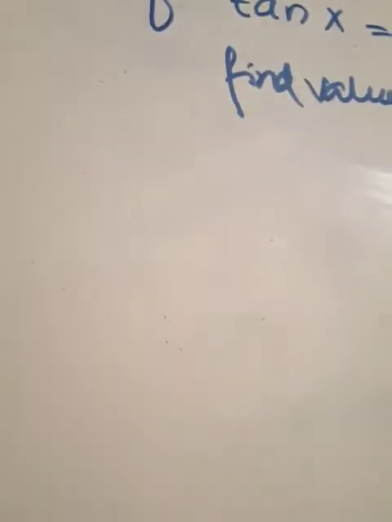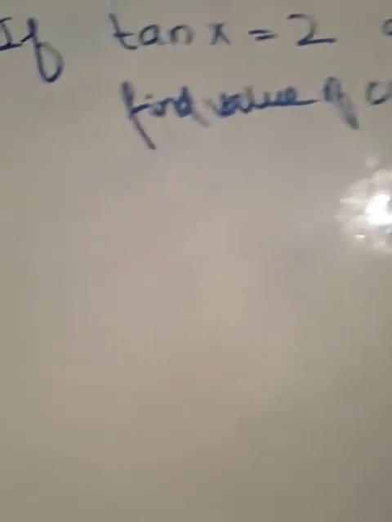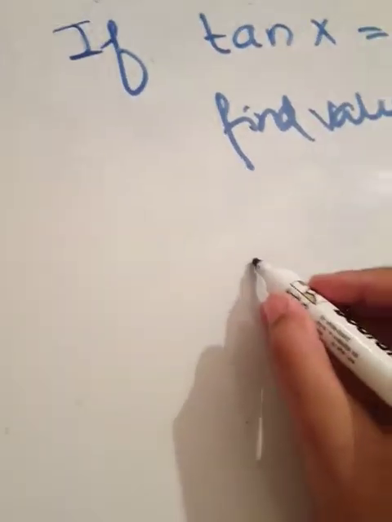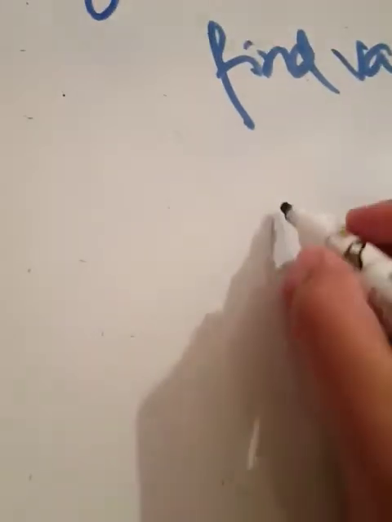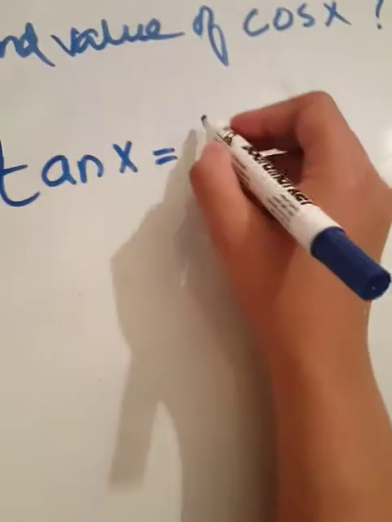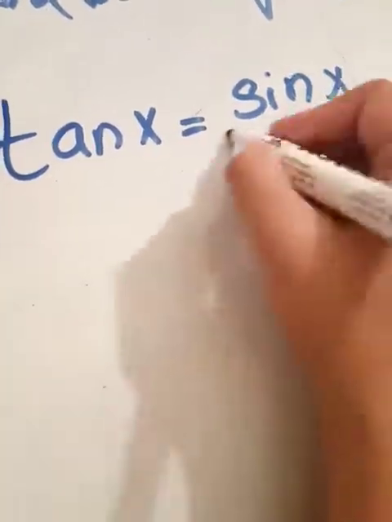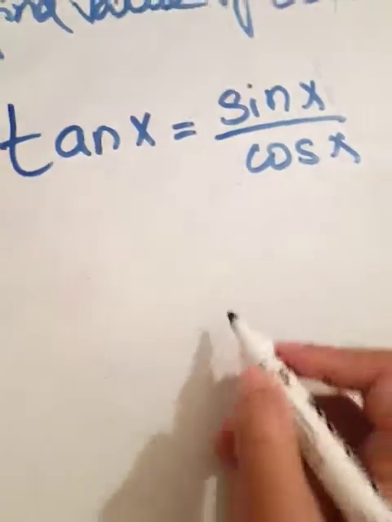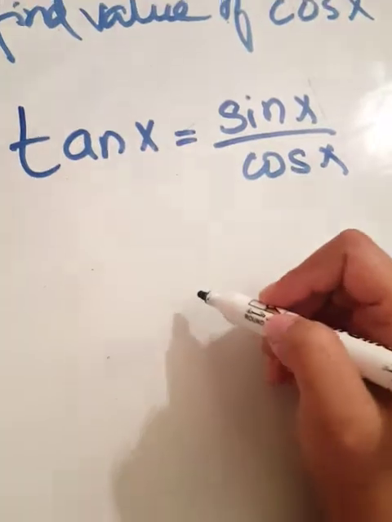All right, we'll find the values for cos of x. As we know, tan of x is equal to sine over cos. We know this property that tan is equal to sine over cos.